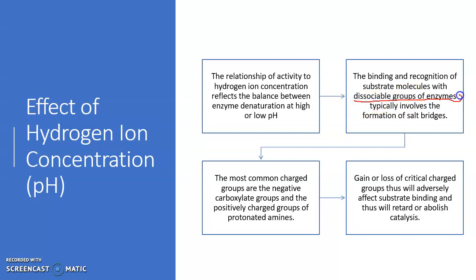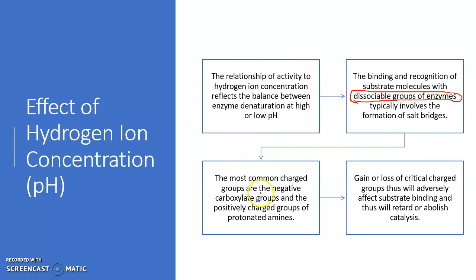dissociable groups which are present on enzymes. The relationship of activity to hydrogen ion concentration, along with enzyme denaturation at higher or lower pH ranges also. The binding and recognition of the substrate molecule with the enzyme, that is, with the active site of the enzyme. The active site contains some dissociable or ionizable groups of the enzyme, and that will decide what the pH is and how the substrate will bind.